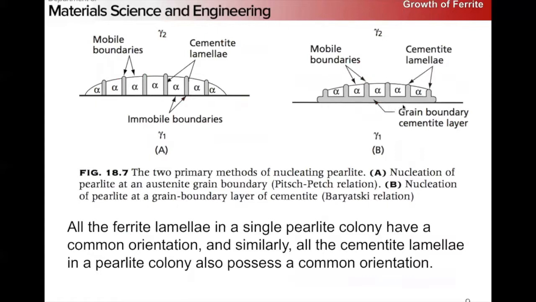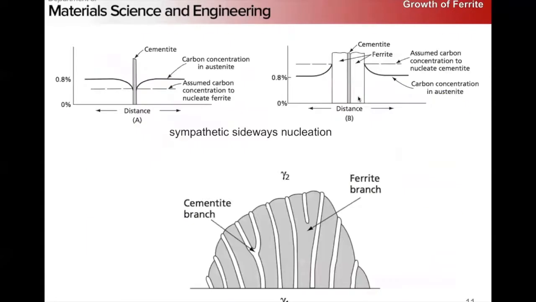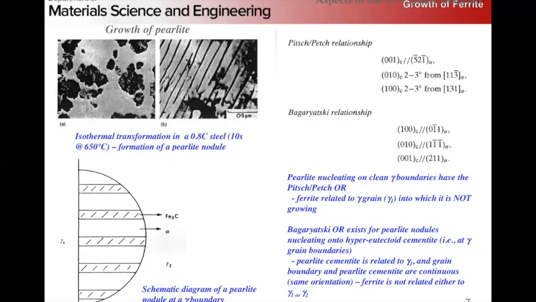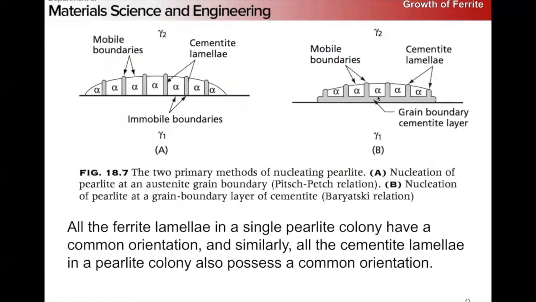This is mobile, and this tends to form the relationship of the cementite with the alpha, which forms this Bagaryatsky relationship, right? And the cementite in that case is related to the grain, right? This cementite orientation is related to gamma 1. The ferrite part is not related to the orientation of grain gamma 1 or grain gamma 2, right?